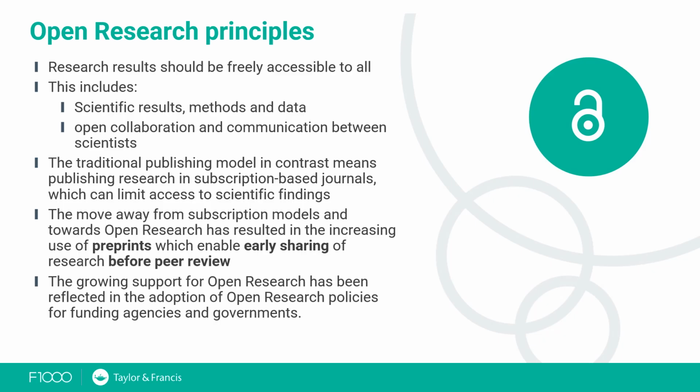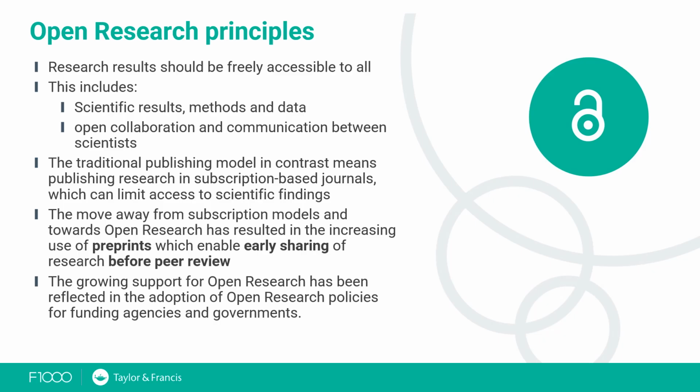In contrast, the traditional publishing model, in what we call the closed access form, typically involves publishing research in a subscription-based journal or a journal where you have to pay to access those findings, which obviously limits access to people who don't have the funds to do that, or don't currently have a subscription for whatever reason. This traditional model also usually involves a peer review process that happens behind closed doors.